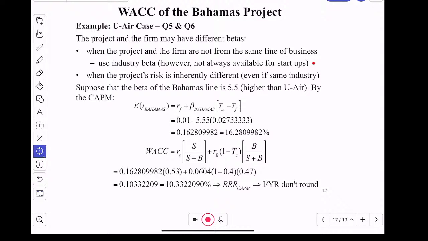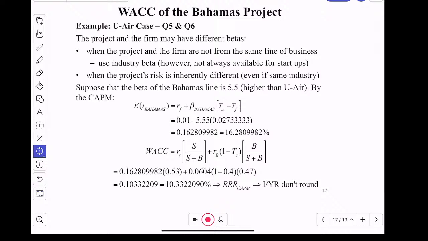However, that might not be available if you have a startup firm. So you have nothing, it's like a breakthrough industry, something new. It's hard to find data that doesn't exist. So it would be hard to come up with some sort of beta to use. Another point is that the project and the firm may have different betas when the project risk is inherently different, even in the same industry. So it turns out that we suppose that the Bahamas line is more risky.